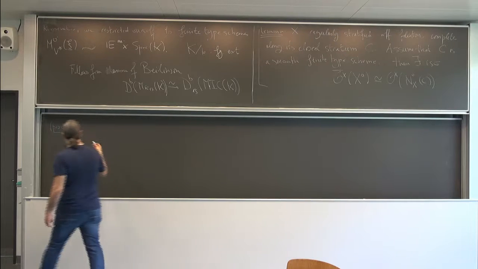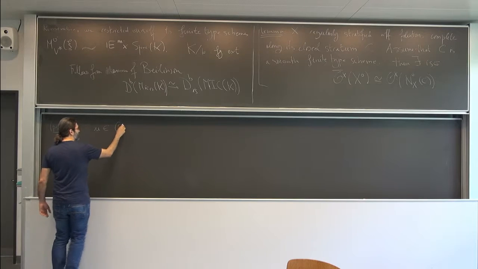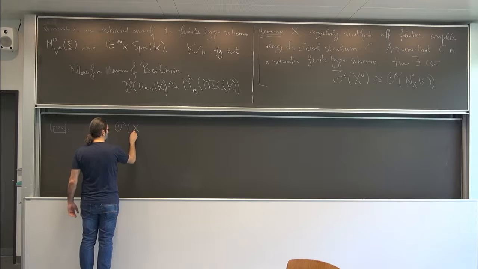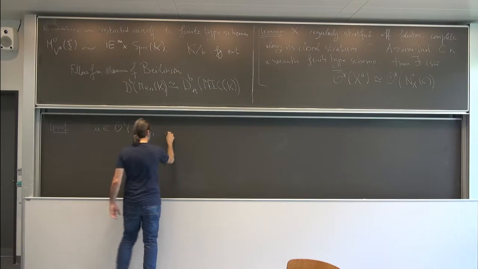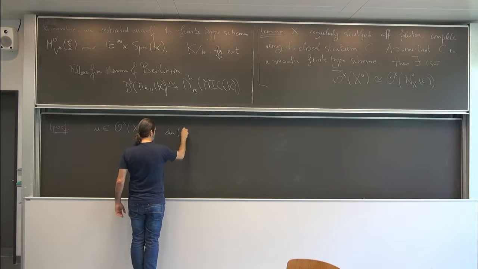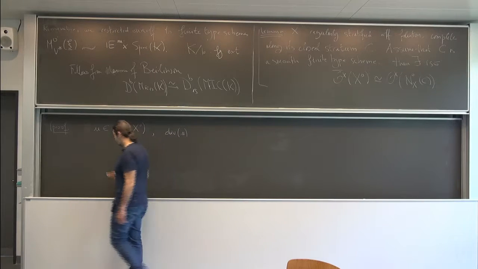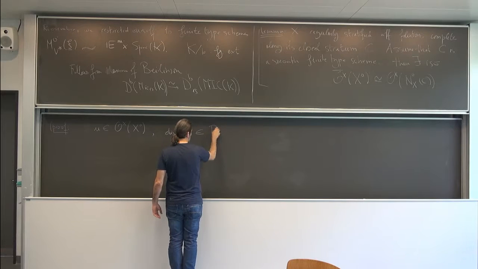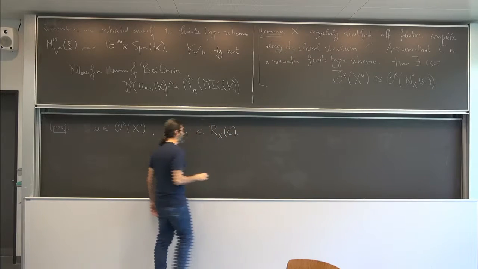The point is that if you have U in O star X0, you can look at the divisor of U, and this is a Cartier divisor supported at the boundary. So by definition, it's an element of this lattice that I denoted Rx C last time.